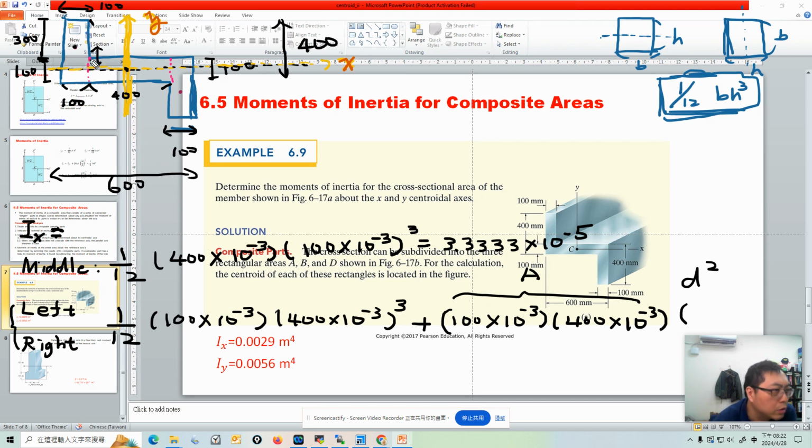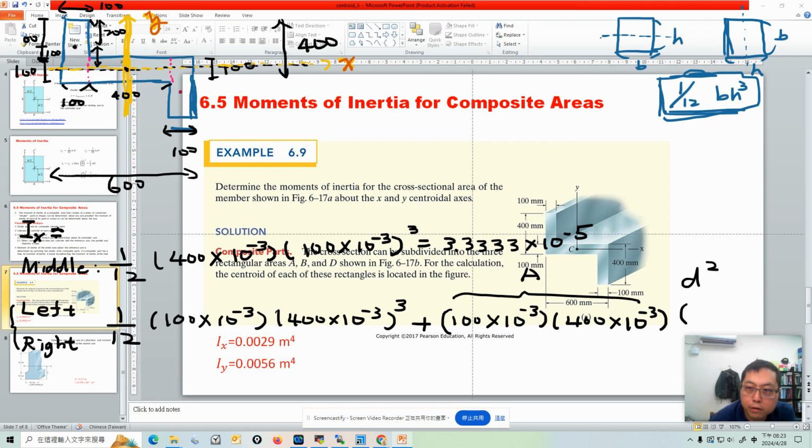Okay, so here is 100, and this here is 50. Here is 200, so this is 100 here, and it's divided by... okay, so here is 150.